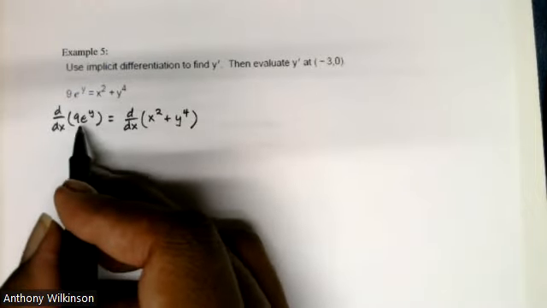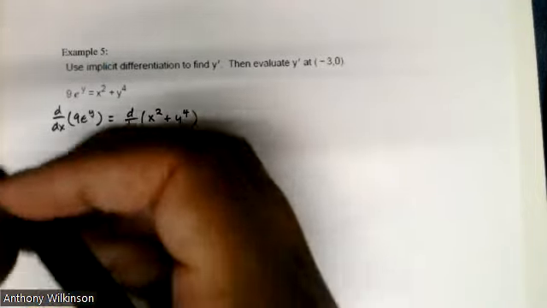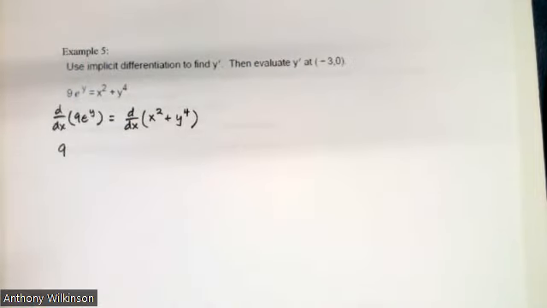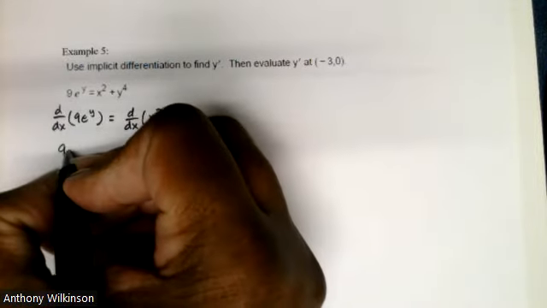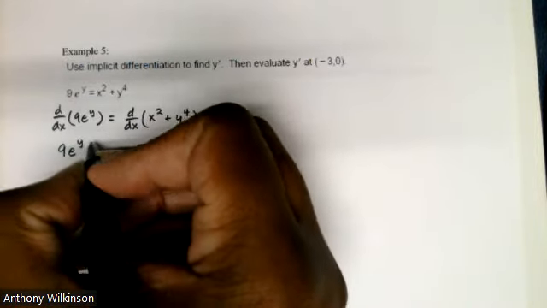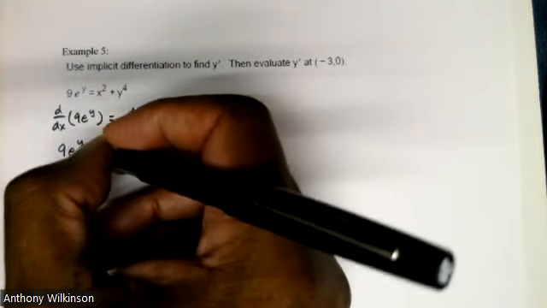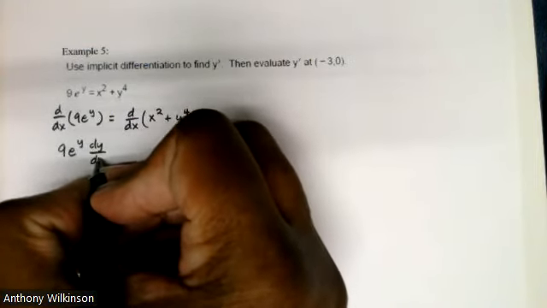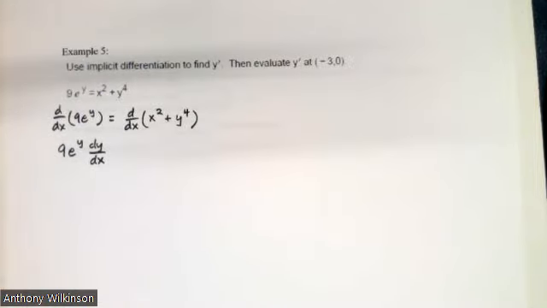All right, now, for the derivative of 9e to the y, I can bring the 9 down and take the derivative of e to the y, which is the easiest derivative to take. That would be e to the y. But notice I've got the y up here, so I need to include dy dx when I take the derivative of y. Okay, here I'm applying the chain rule.